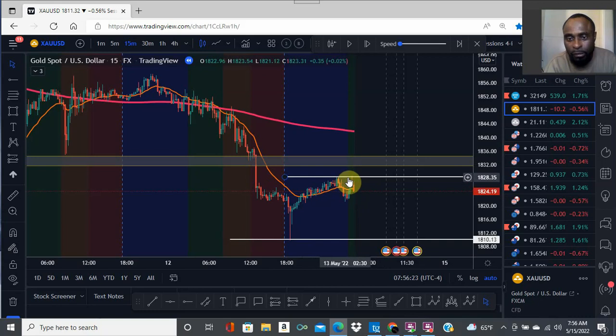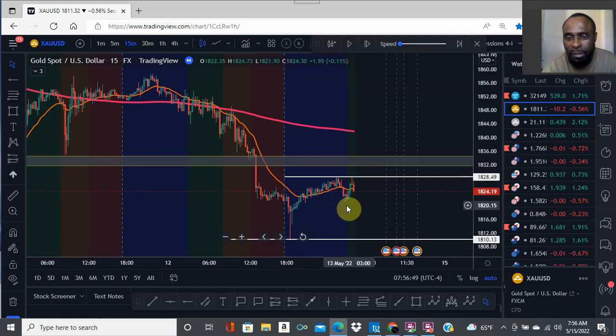Price moved here, price rejected here, I'm sorry, and then it rejected here. I can look at this area here, because first you want to see price pull up, then pull down, then pull up again.